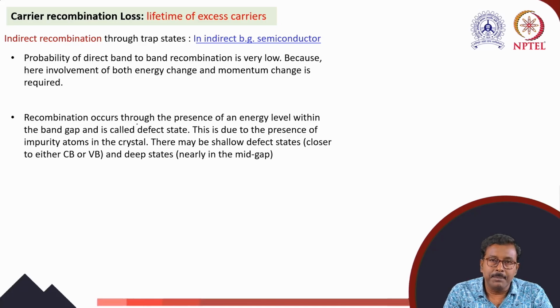How does recombination take place in case of indirect bandgap semiconductor? Recombination occurs through the presence of an energy level within the bandgap, and that is called a defect state. These defect states may be present due to impurities, due to crystal defects, particularly at the surface. There are incomplete bonds for any semiconductor material.